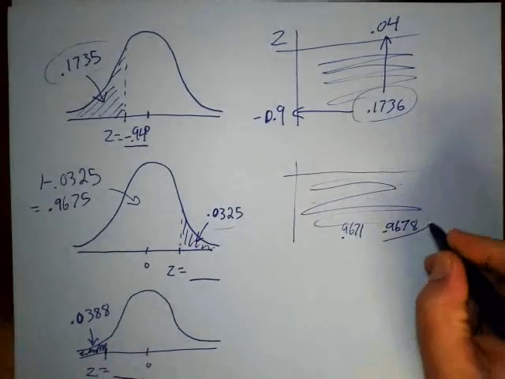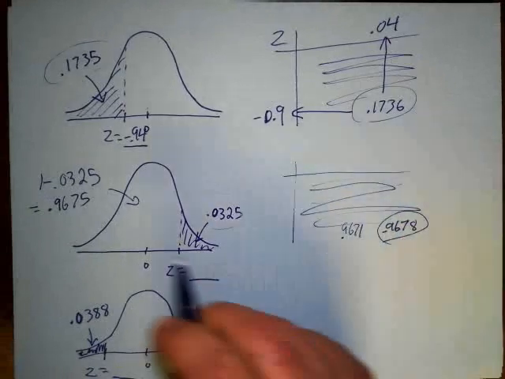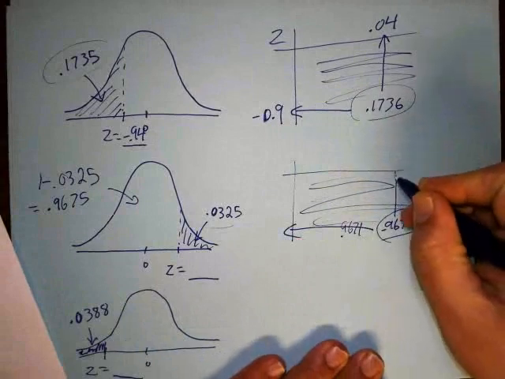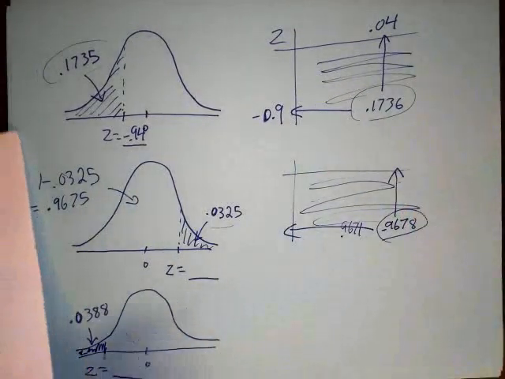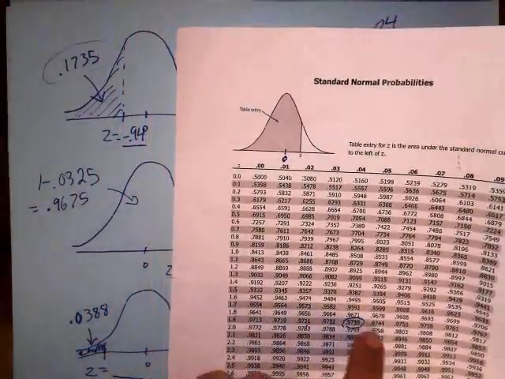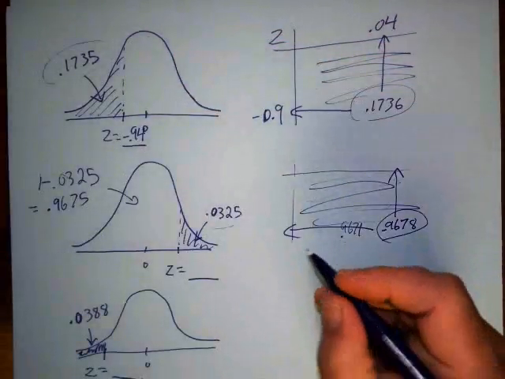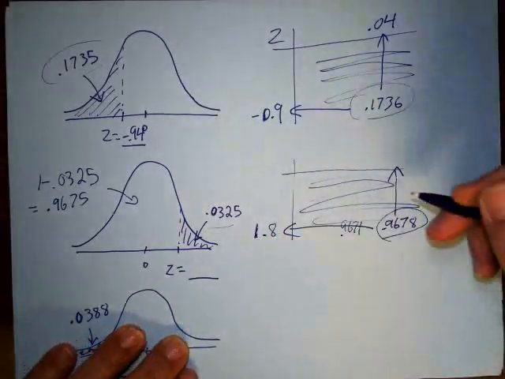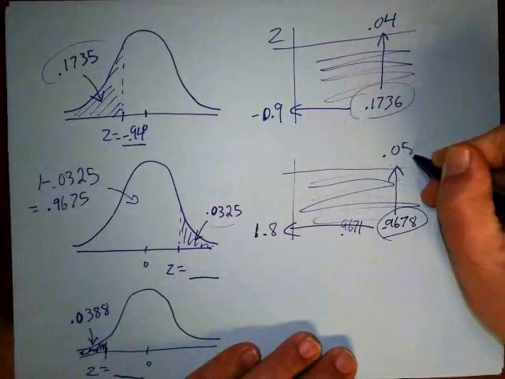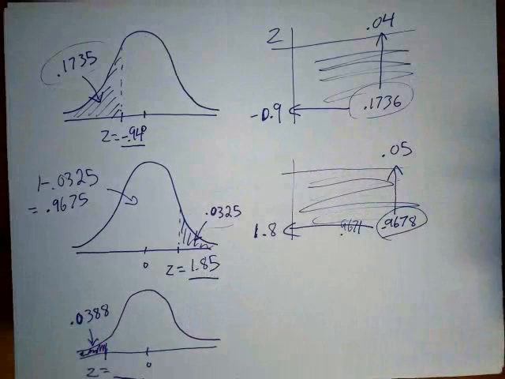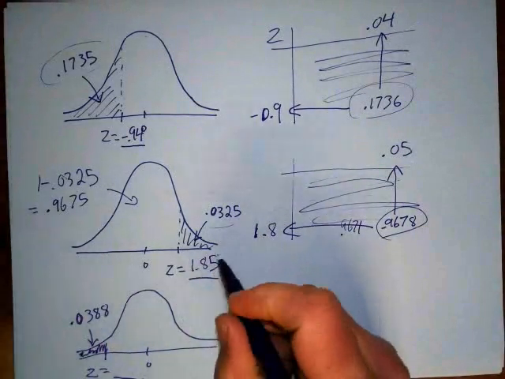Okay, so this is actually the one that comes closest. 0.9678 is 1.8 on the side and 0.05 up top, so I get 1.85. And that would be the z-score to the closest hundredths place.